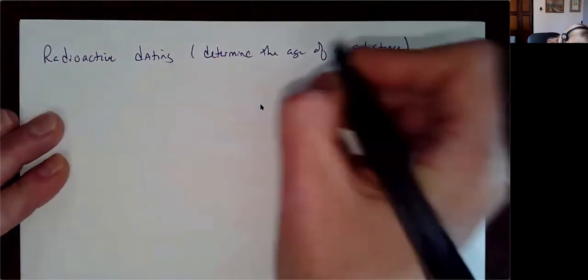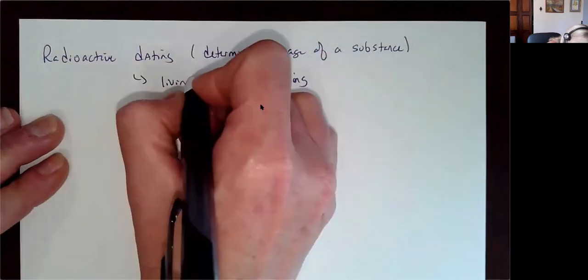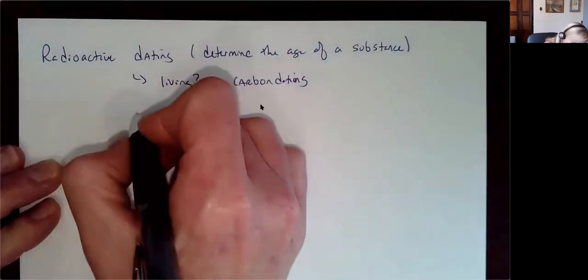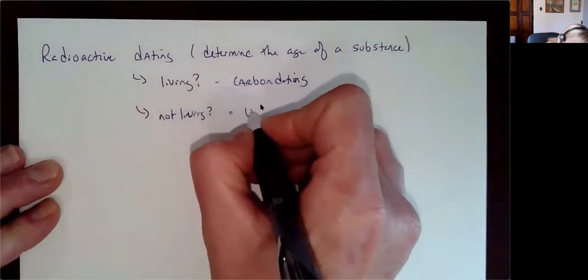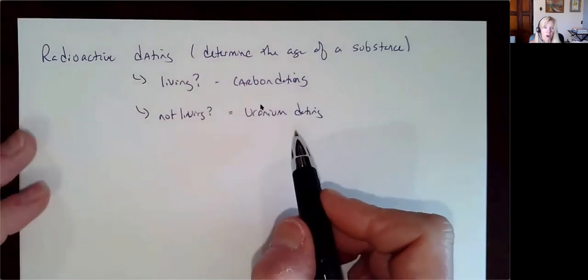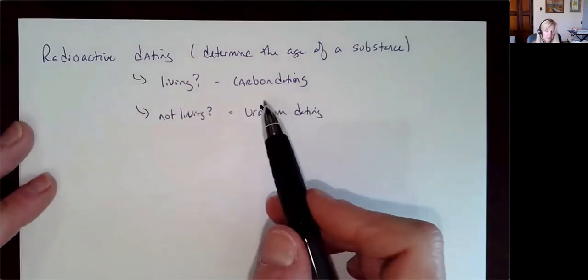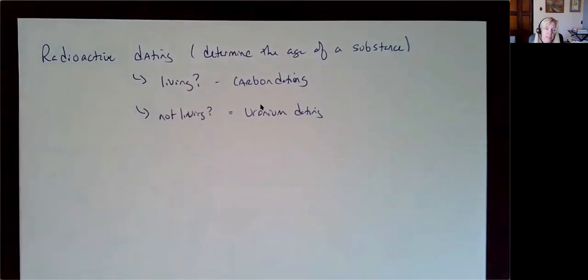And it depends: if it's living, then I'm going to use carbon dating. Was it living at one point? If it was not living at one point, then I'm going to use uranium dating. And this is what we would use on rocks and things like that, whereas carbon dating would be what we would use for anything that has been living, that has ingested food, gone through metabolism.